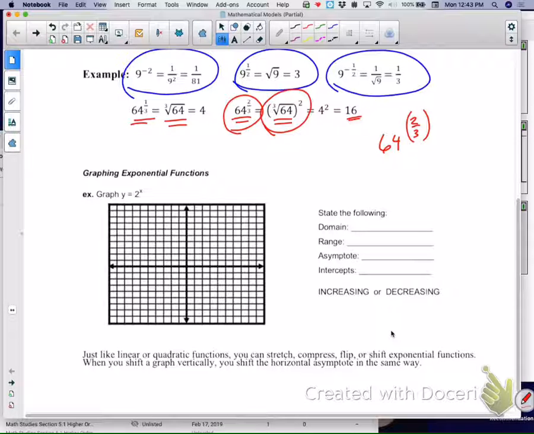Okay, so let's look at the graph of y equals 2 to the x, and then we've got information to fill in there as well. So what I'm going to do is make a table of values here. Now, I can get these tables of values by hand, but we can get them on the calculator as well. I'm going to write some numbers down, and then we'll look at what it looks like on the calculator.